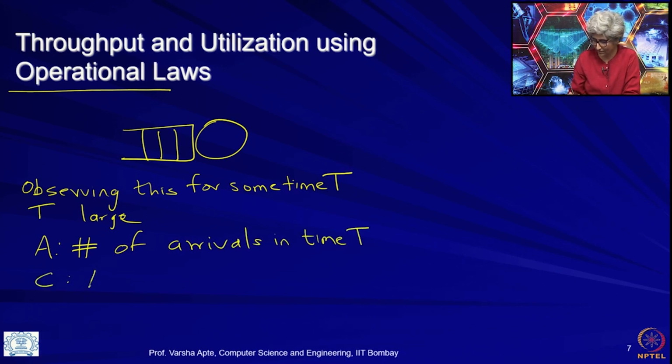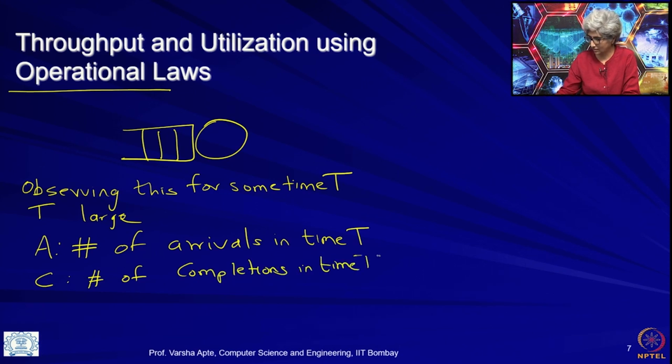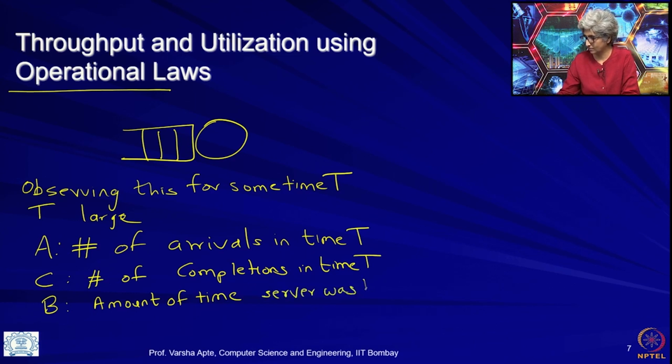Let C be the number of completions in time t, and let B be the amount of time the server was busy during this observation time t.